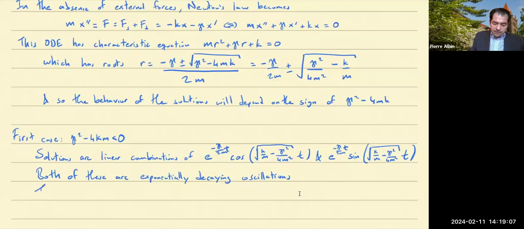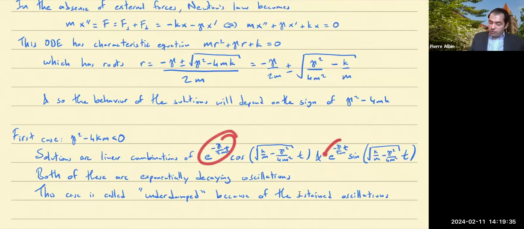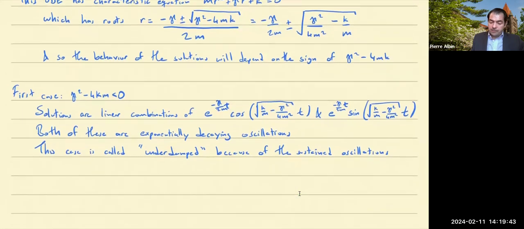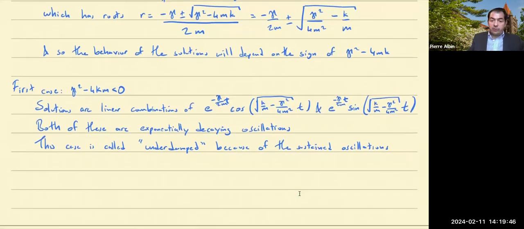This case is called underdamped. Because of the sustained oscillations. So even though the oscillations will get smaller and smaller as time increases, you still have infinitely many oscillations going on. And so it's called underdamped.